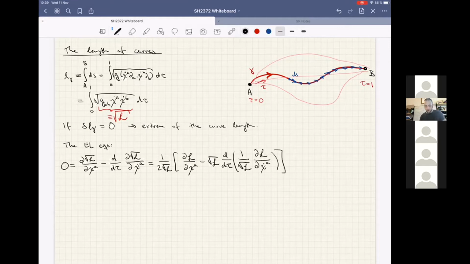Okay, so that's just performing these derivatives of the square root of L and replacing it by the derivatives of L with respect to the coordinates and the coordinate derivatives respectively.